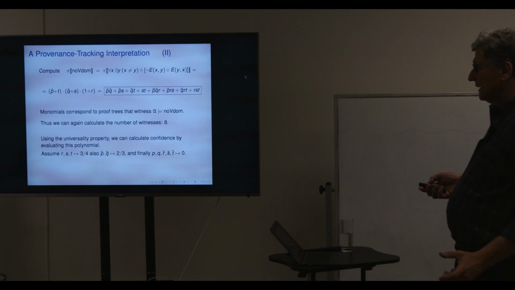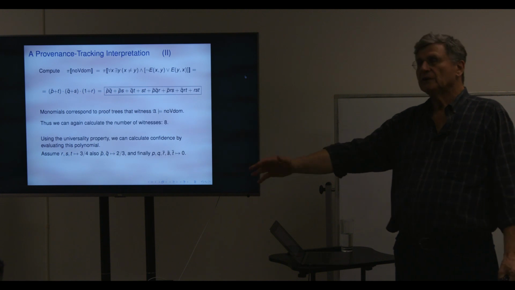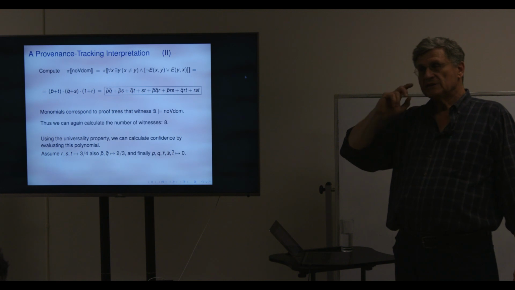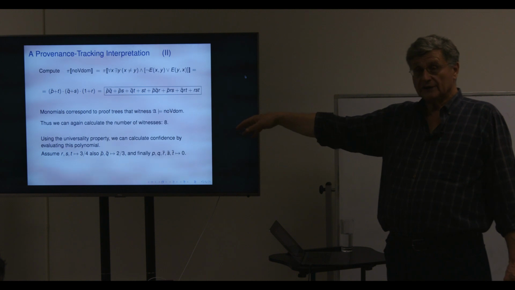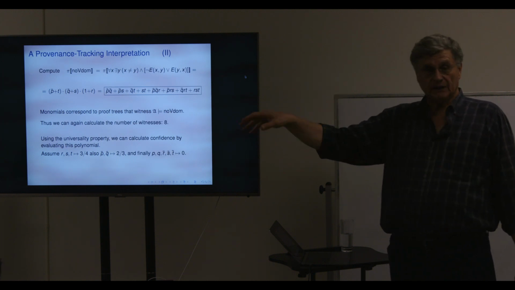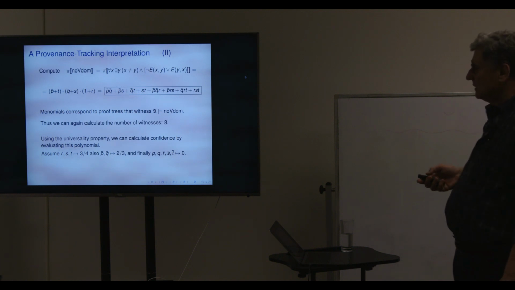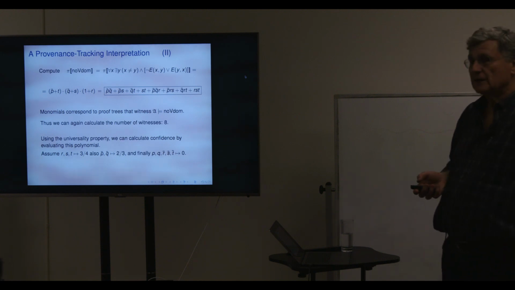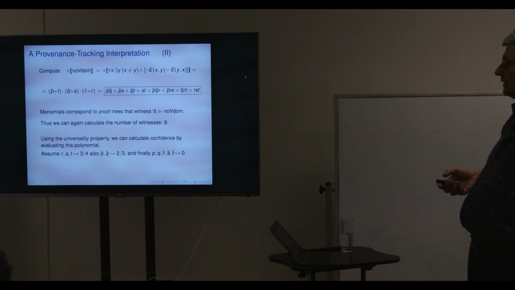Okay, and interestingly, provenance can be used as an intermediate stage in which you calculate things abstractly, which you can then specialize by evaluating this polynomial in a particular semiring. So for instance, here, let's assume that I have confidence 3/4, 0.75, in every positive fact that I listed there, and 2/3 in every negative fact.